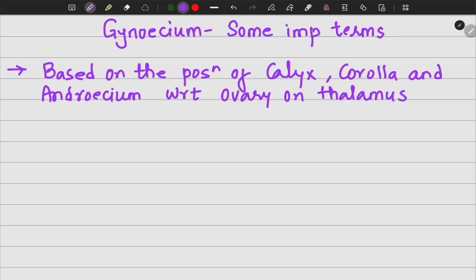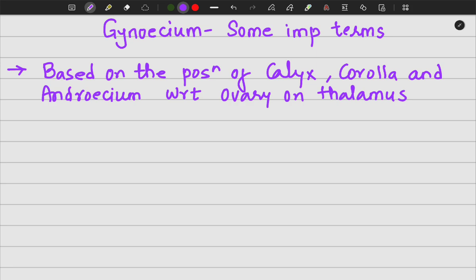So what we are doing here, we are comparing the position of calyx, corolla and androecium with respect to ovary on the thalamus. Like we've seen in the structure of the flower that all these parts, these reproductive and accessory organs, they all are born over the thalamus, right?